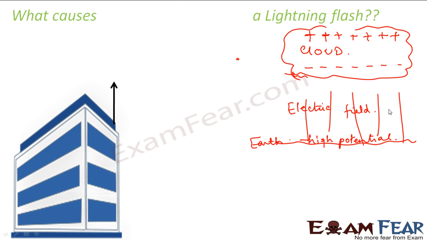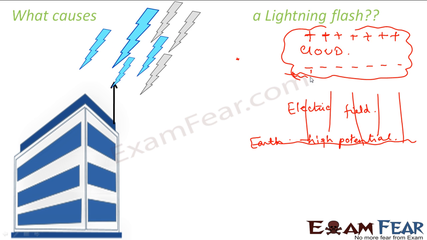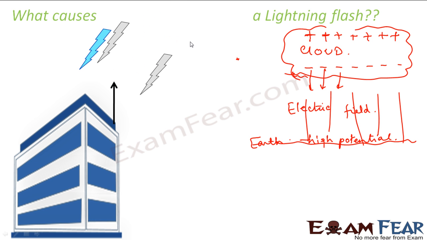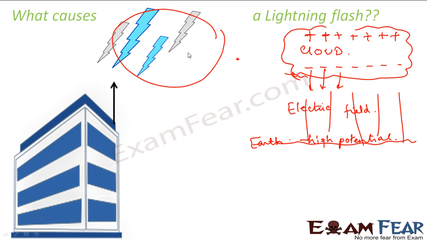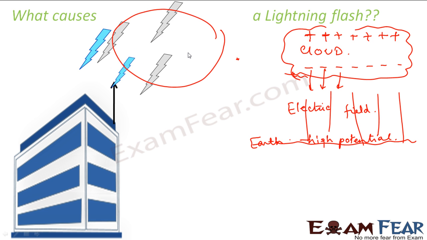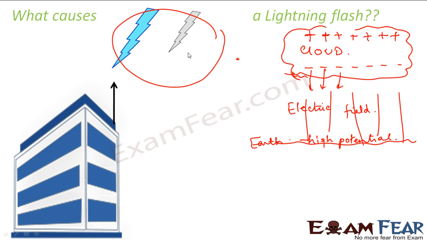As a result, the intervening air gets ionized and these ions conduct charge from the cloud to the earth. The charges are conducted from cloud to earth in the form of this lightning flash, which you normally see. So how does it happen? Your cloud is formed by accumulation of positive charges on the upper half and negative charges in the lower half. When you compare the lower half of the cloud with earth, earth is at a higher potential.